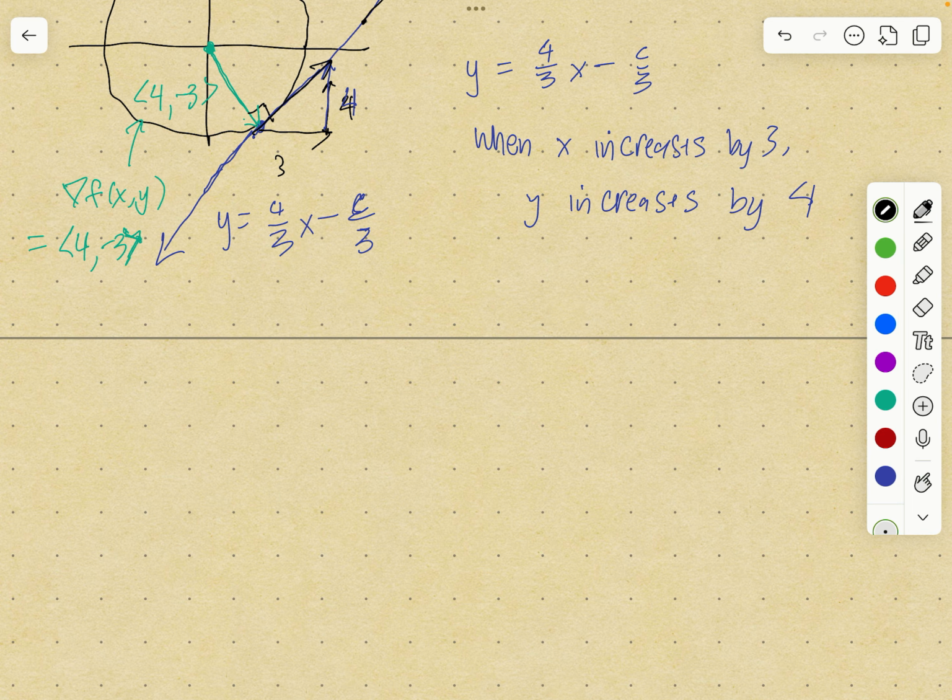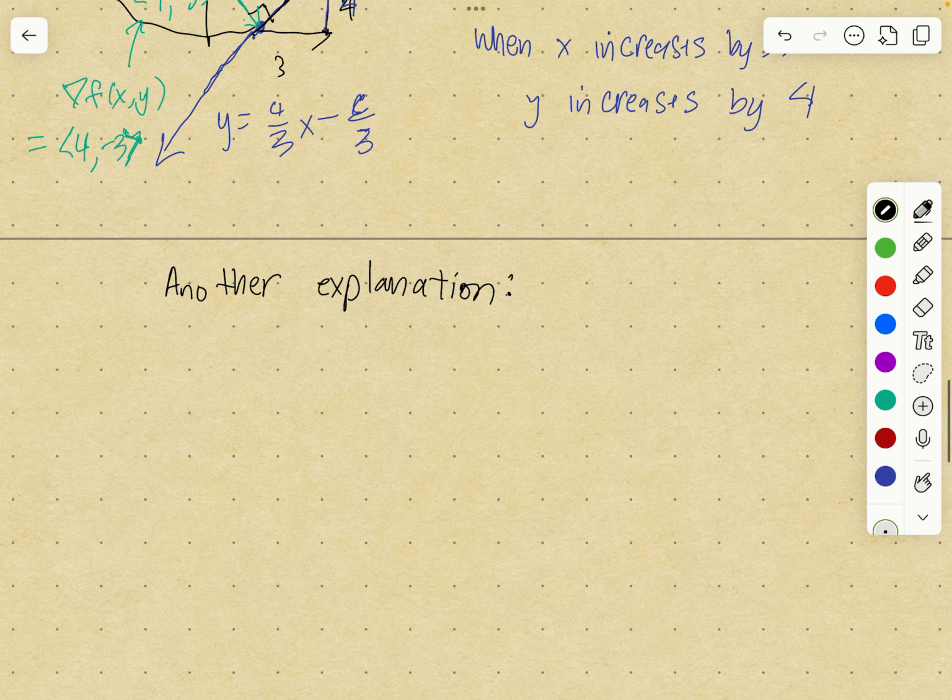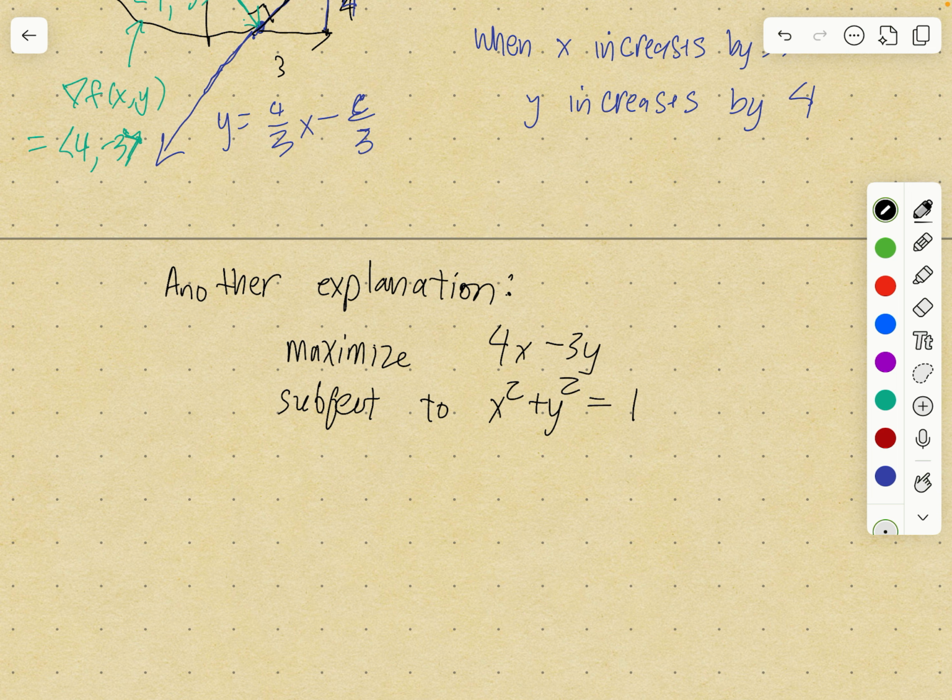So that gives you some intuition for why it's the gradient. Another explanation is parametrizing. Another way to solve the problem is we're trying to maximize 4x minus 3y subject to x squared plus y squared equals 1, right?